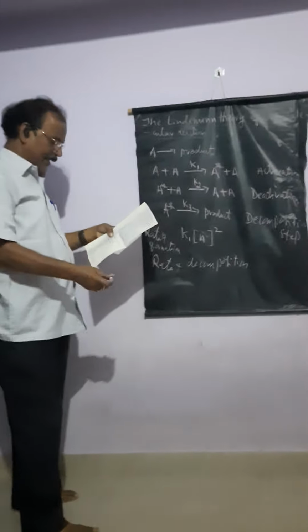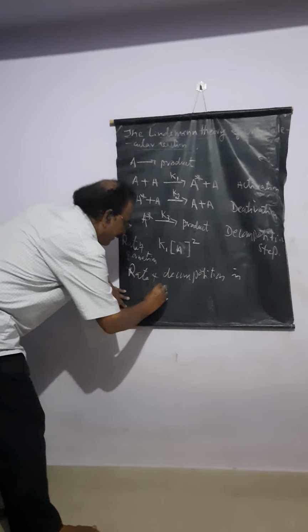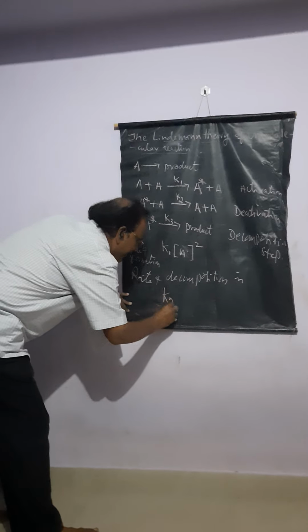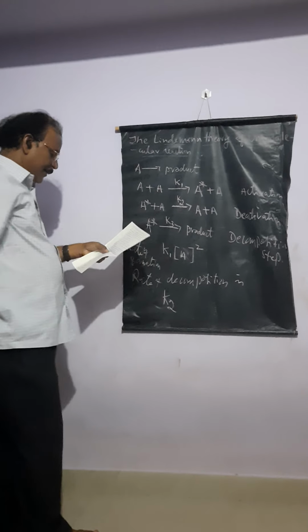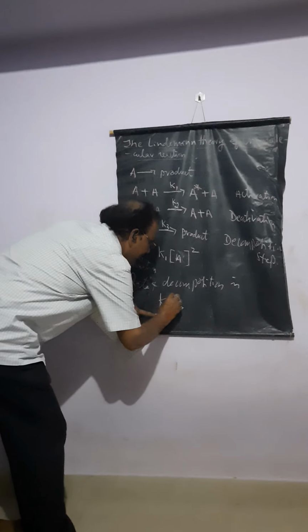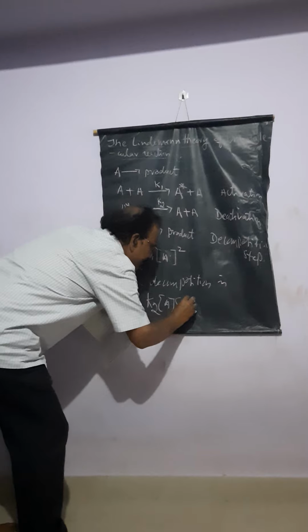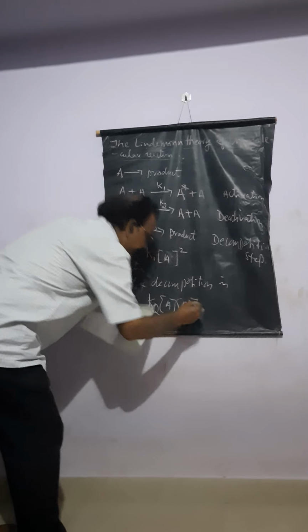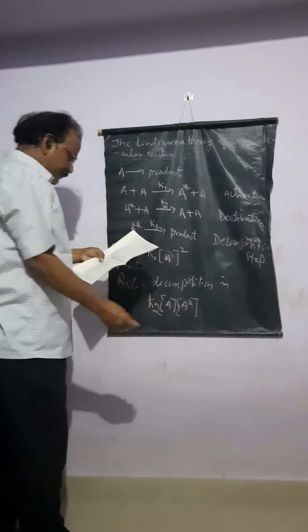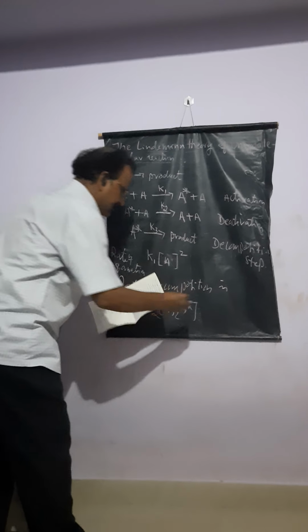is given by K2 into concentration of A into concentration of A star, plus K3 into concentration of A star.